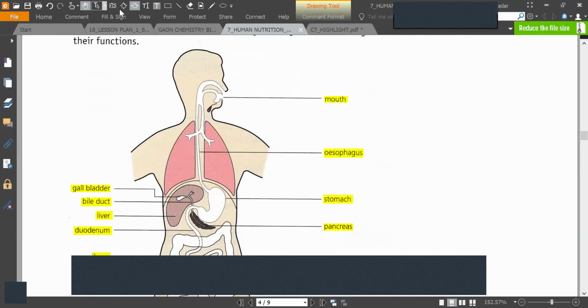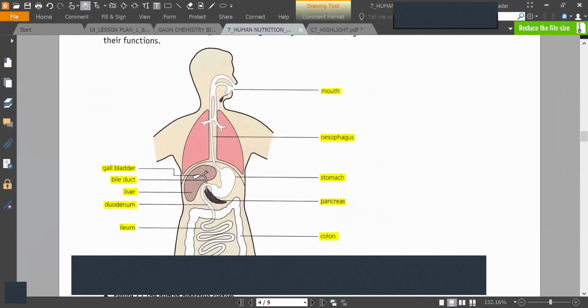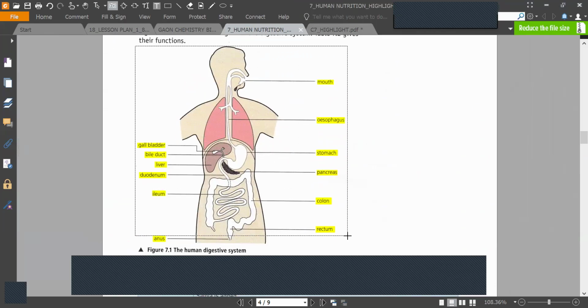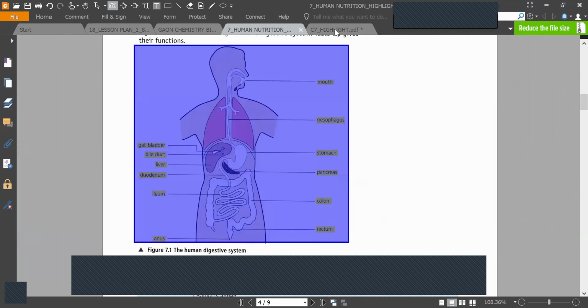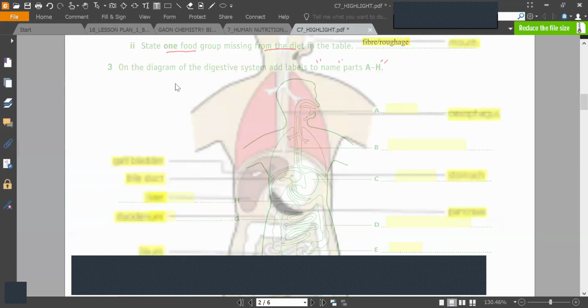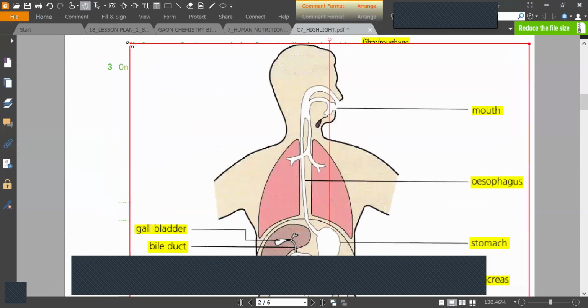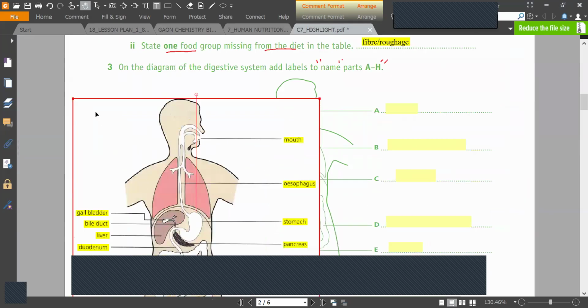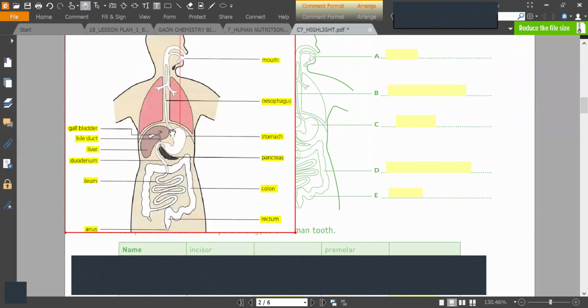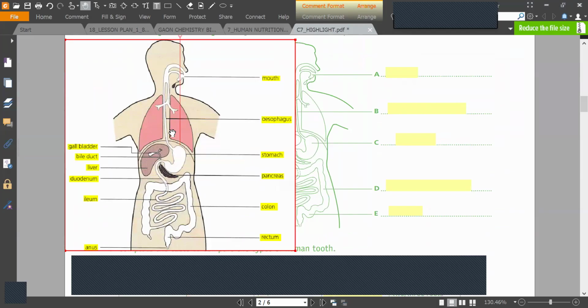This part needs to be memorized for the exam. If we refer to this picture here, it is very straightforward.